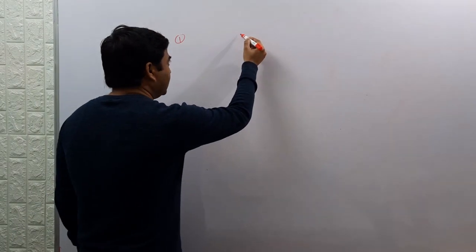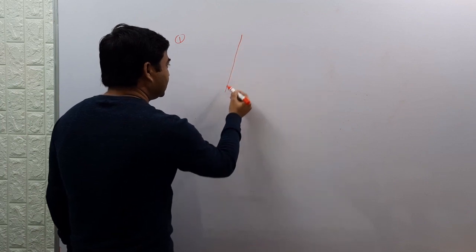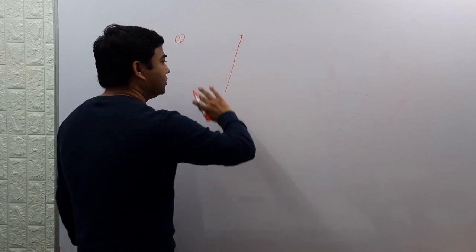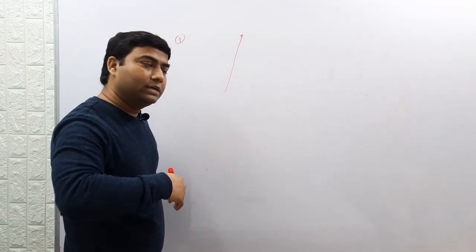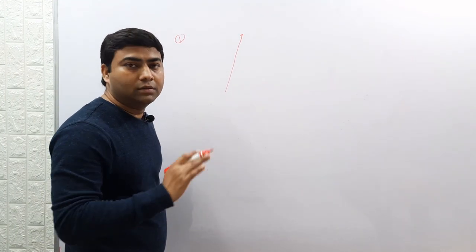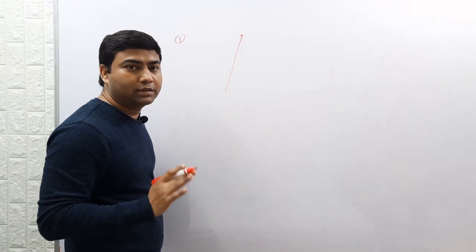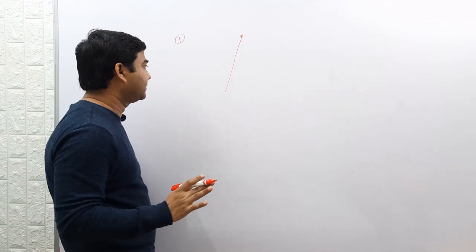Parallelogram law says that if two vectors, we are just calling them vectors, we are not telling what type of vector, because I have already told you in vector algebra it is sufficient to say vector, not necessary to say force or velocity or whatever.